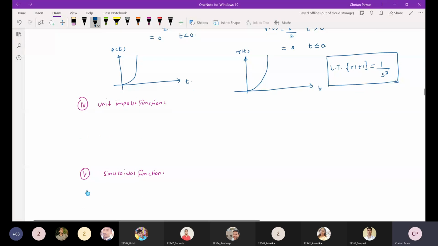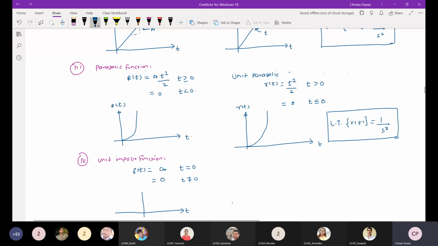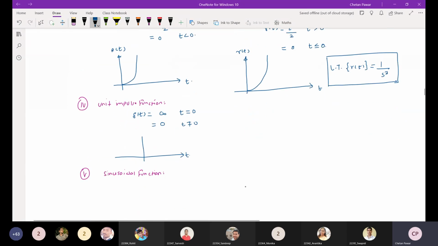Then there is the unit impulse function. Here we have seen that there is a standard formula also, and you can apply the differentiation property, differentiation in the s domain, for the particular ramp signal Laplace transform.